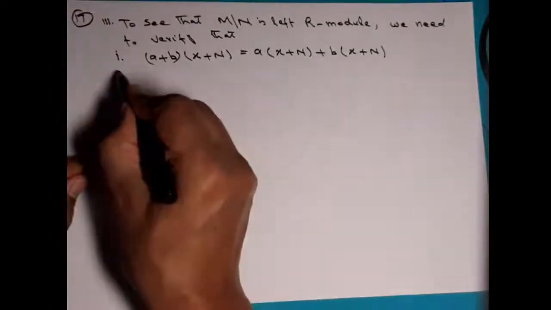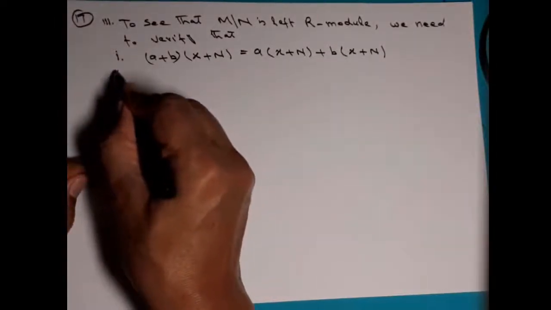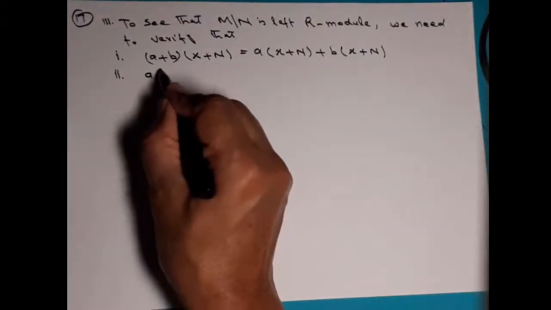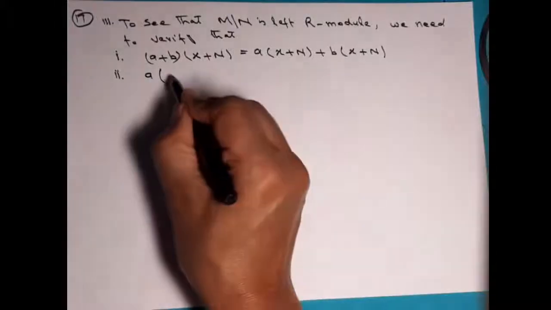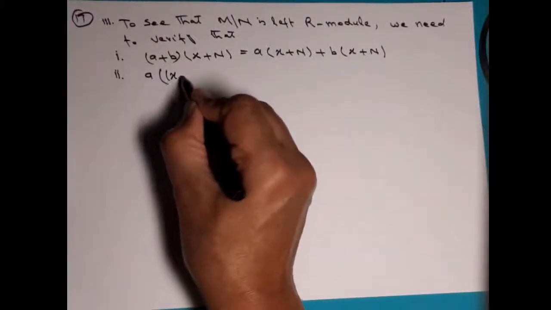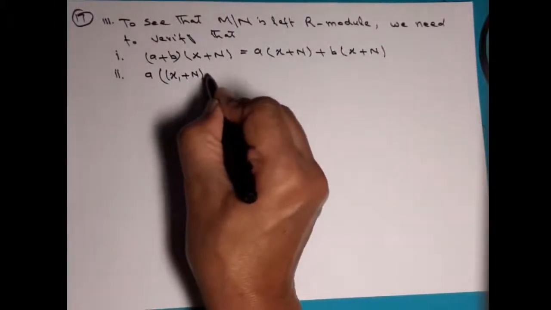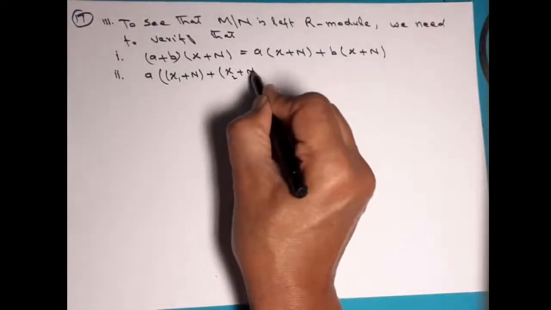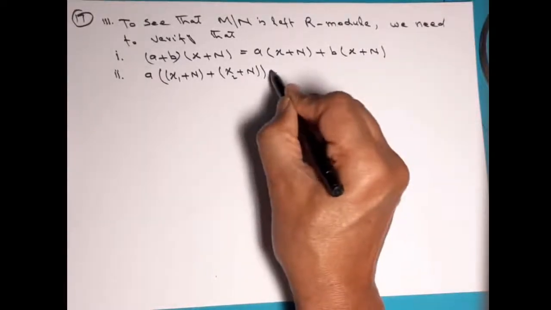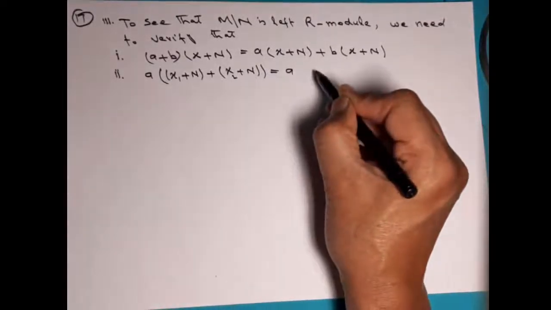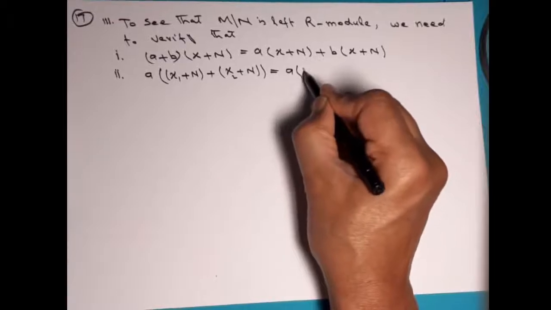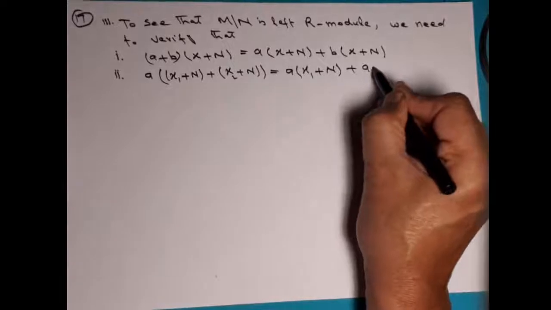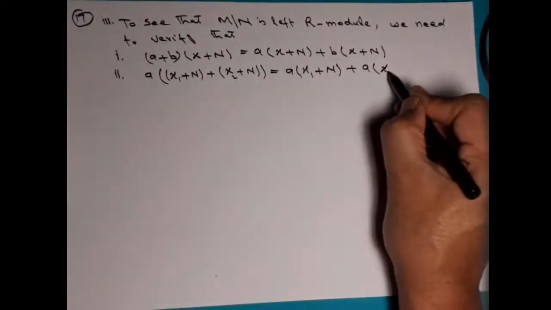Secondly, we need to prove that a multiplied with ((x1 plus N) plus (x2 plus N)) is equal to a scalarly multiplied with (x1 plus N) plus a scalarly multiplied with (x2 plus N).